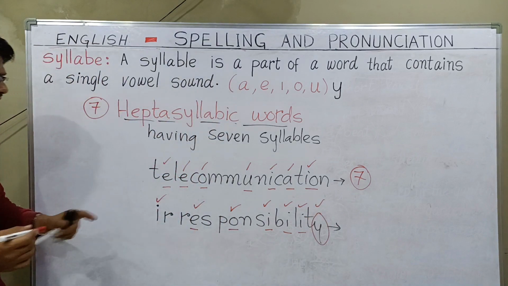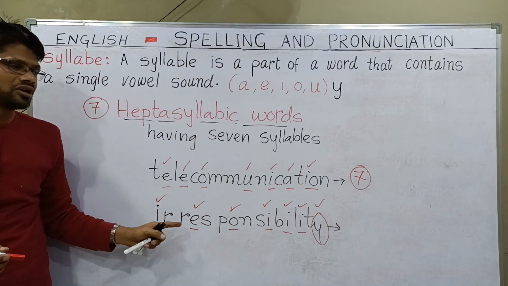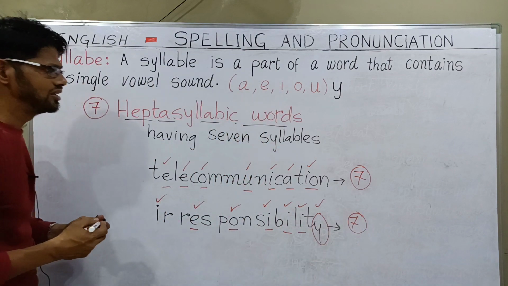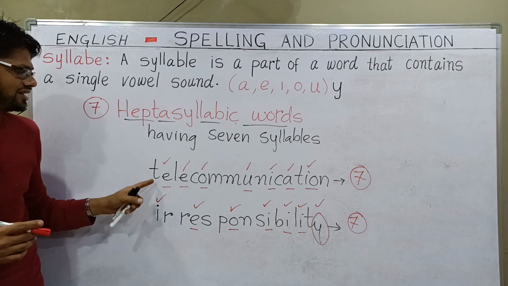So the word irresponsibility has 7 beats, 7 syllables. So we can count very easily.